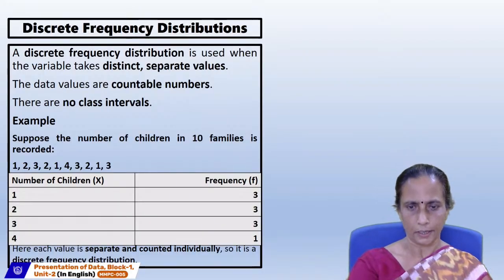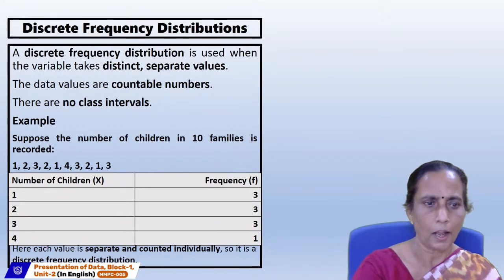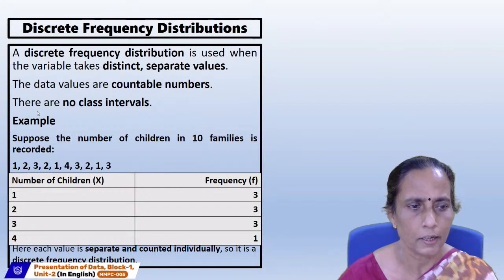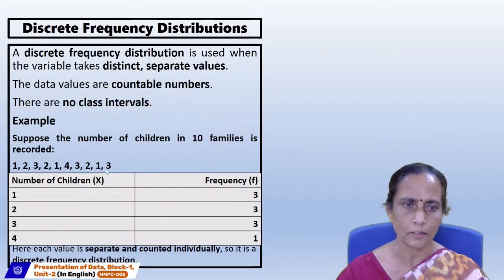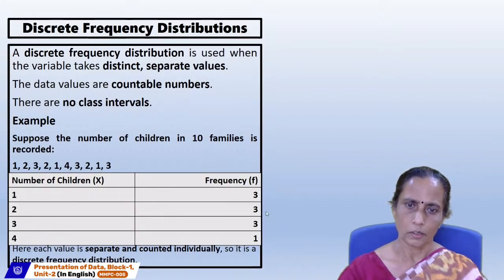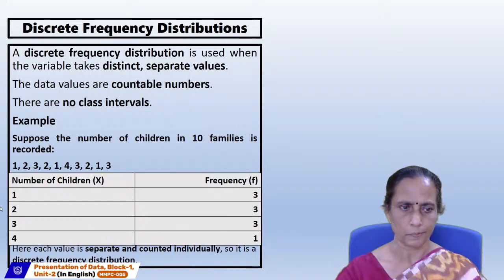So I have counted the number of families having only one child: 1, 2, and 3. So 3 is the frequency. Similarly, for 2 children, it is 1, 2, and 3. So I have 3 families who have 2 children.